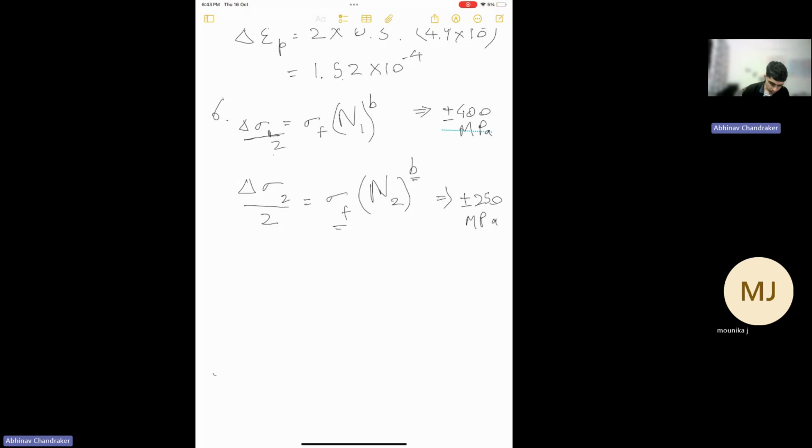Yeah, I think we can do it this way. If we first take the ratios, delta sigma 1 by delta sigma 2, where delta sigma is the amplitude, the difference between maximum and minimum stresses, equal to N1 by N2 raised to b.